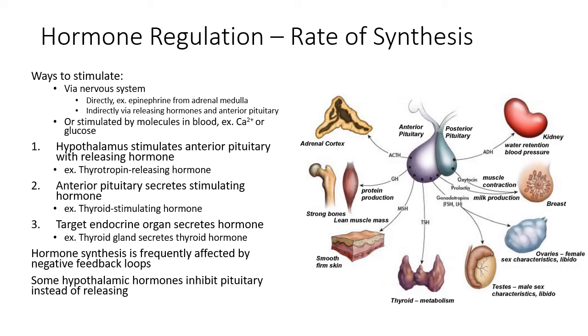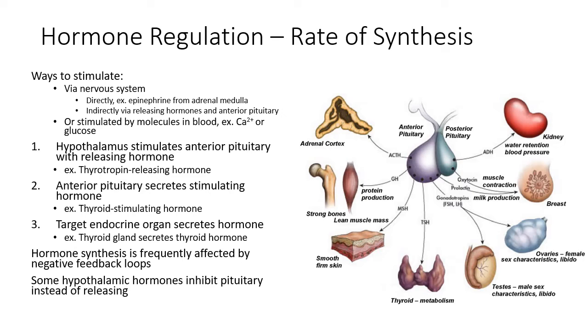The nervous system can also cause hormones to be released indirectly through the pituitary gland. So the hypothalamus can tell the pituitary gland to release a hormone, and then that hormone travels to another endocrine organ and tells that organ to release a hormone.